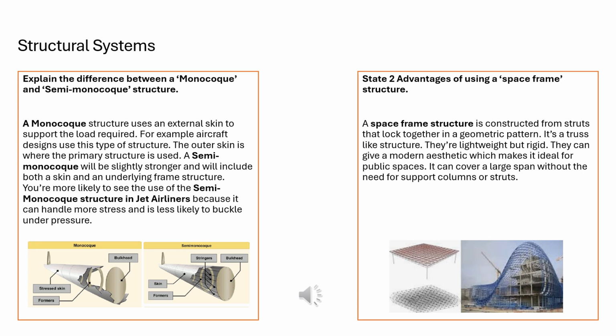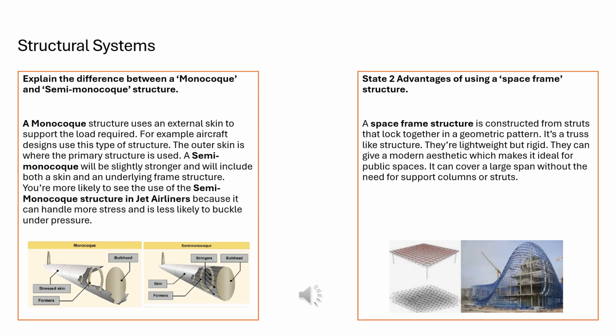A space frame is a structure that you may see on many buildings because it is aesthetically pleasing. It does make the building look very nice. But actually, the struts that lock together to create that geometric pattern are able to withstand more stress. So it's a truss-like structure, it's lightweight, and it's used to give a modern aesthetic.